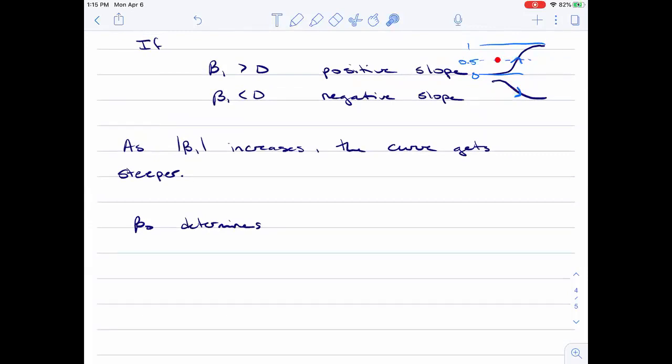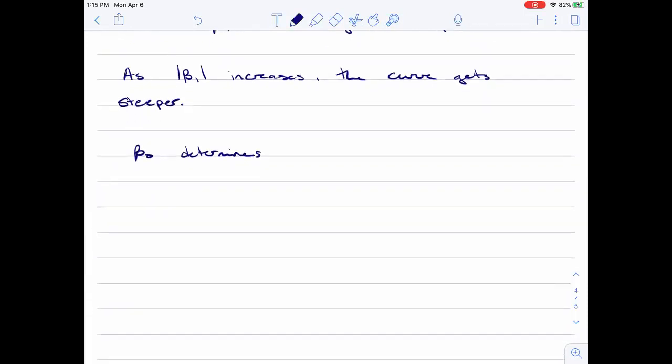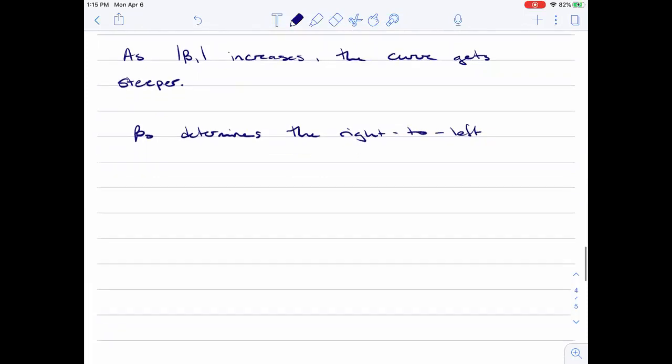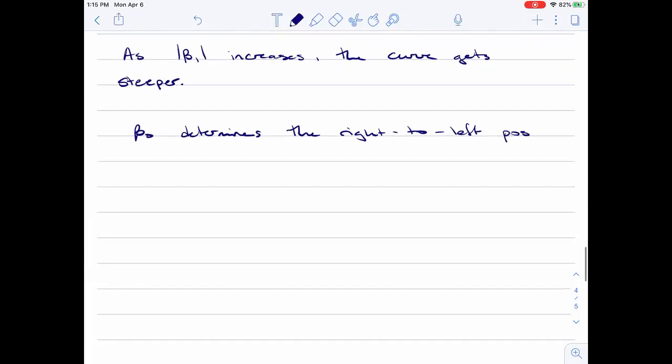So where is it going to be shifted off to? So beta naught determines the right to left position of the curve.